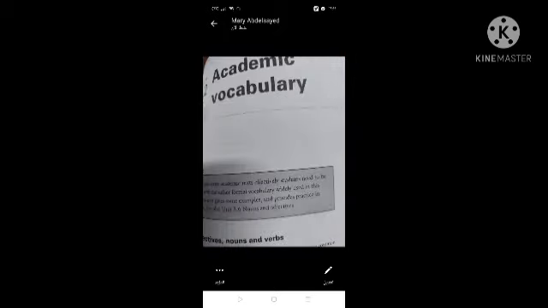You have a very important table on page 180, and you have practice A. You have to choose the most suitable word ending in each case, completing the words with the most suitable word ending.